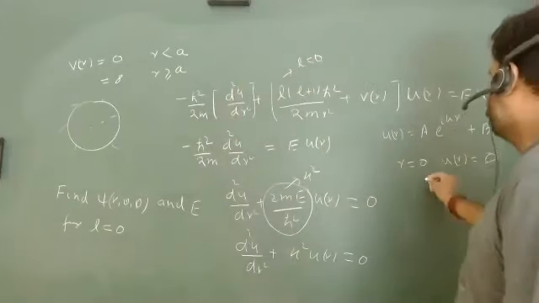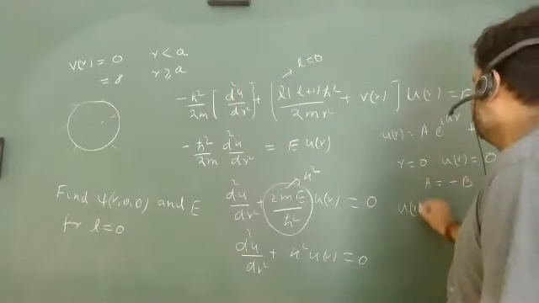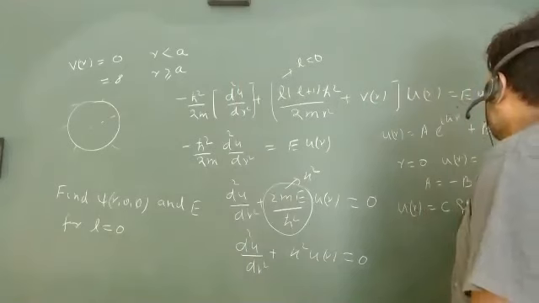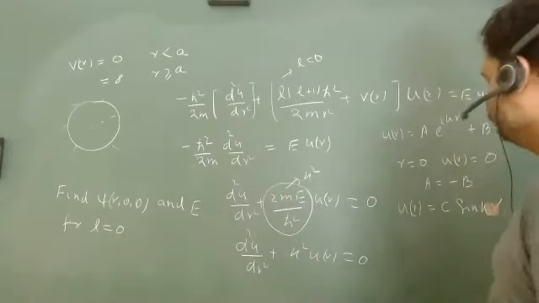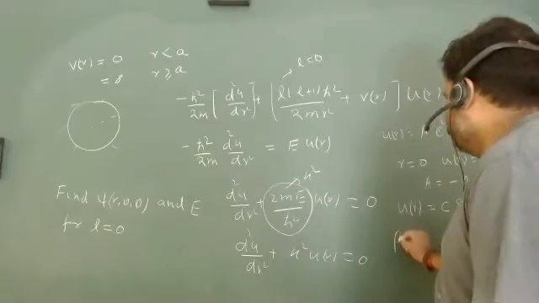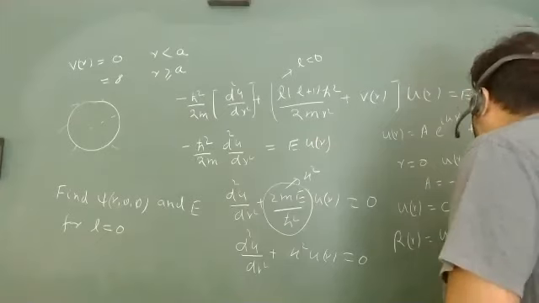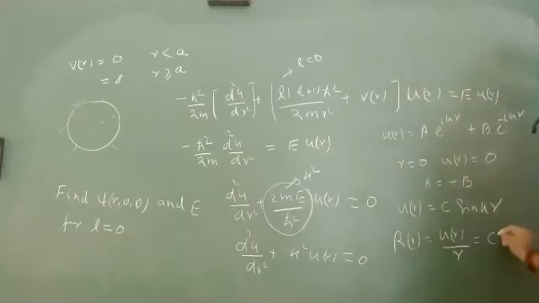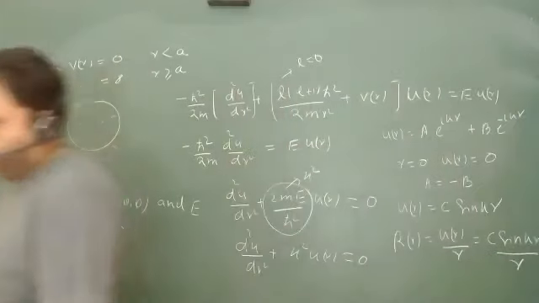So A is equal to minus B, so u(r) is equal to some C sin kr. But I am interested in the radial part. So the radial part R(r) is obviously u(r) by r, that will be C sin kr upon r. So this is your radial wave function.